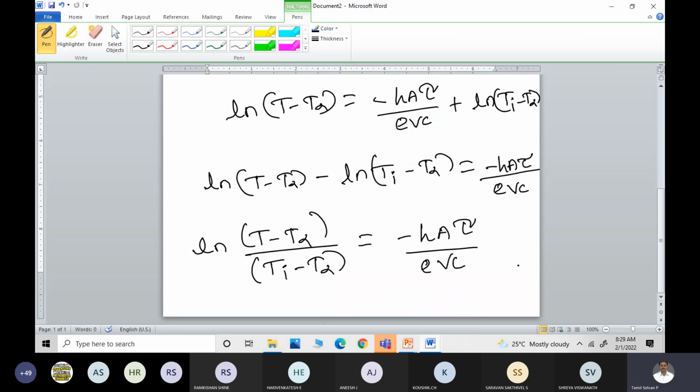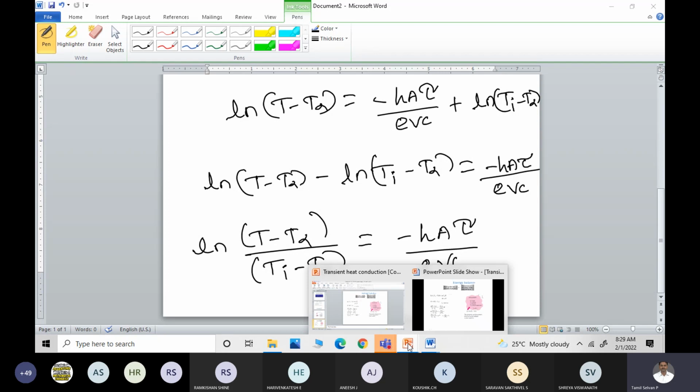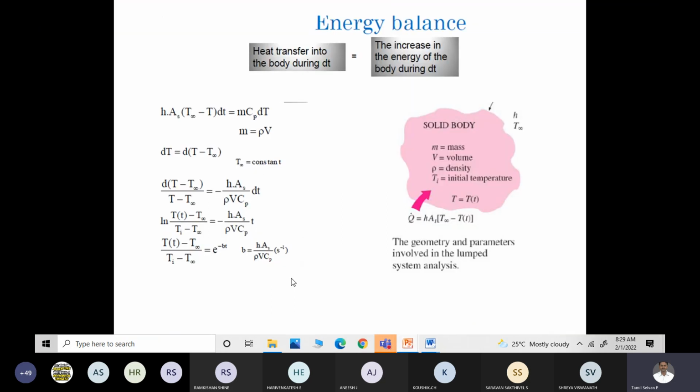I have written it as HA tau by rho Vc. What they have mentioned here is B equal to HA divided by rho Vc, into t, where t is the time in seconds. Is it fine, students? Yes, sir.